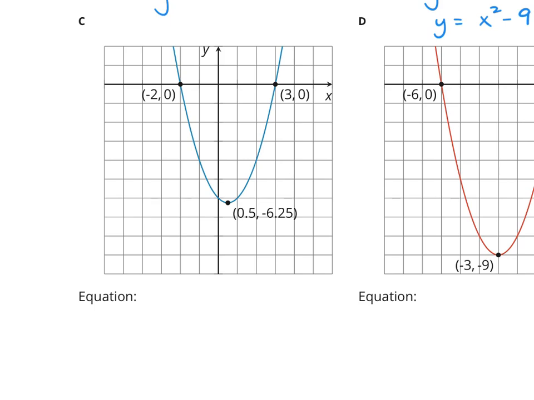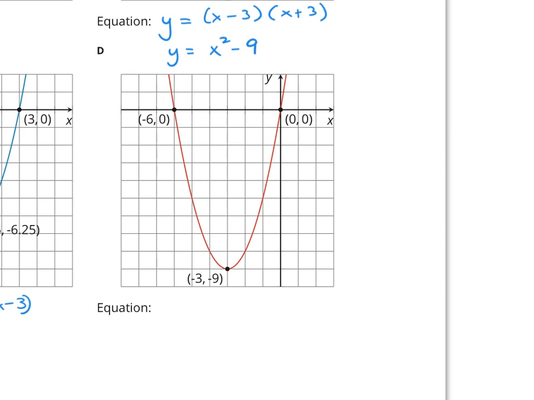So I'm probably going to focus in on the x-intercepts, and I'm going to say that my equation is (x plus 2) times (x minus 3). For D, again, I notice that my x-intercepts are -6 and 0, so that means my equation is going to be x times (x plus 6).